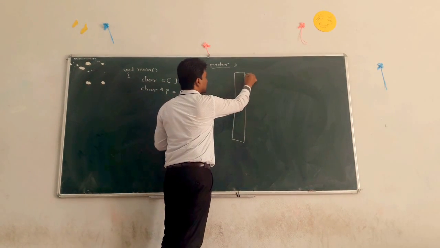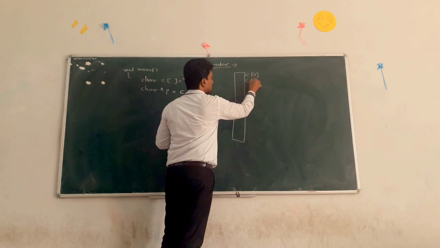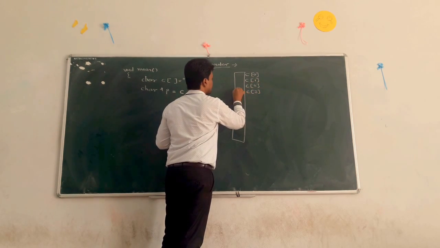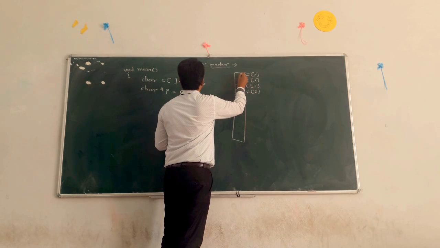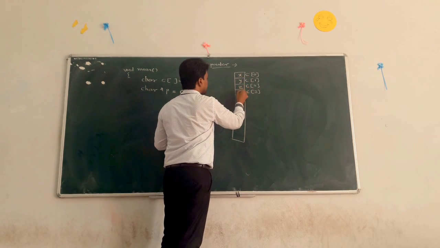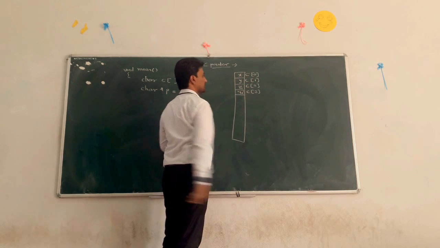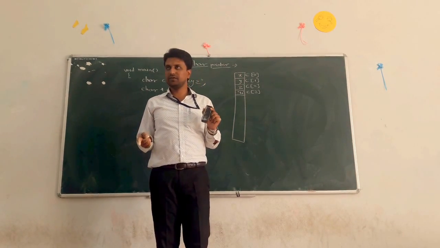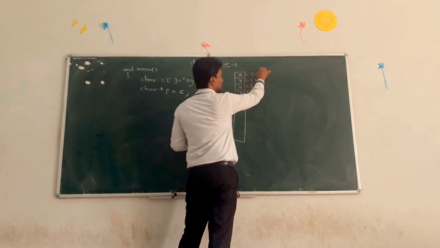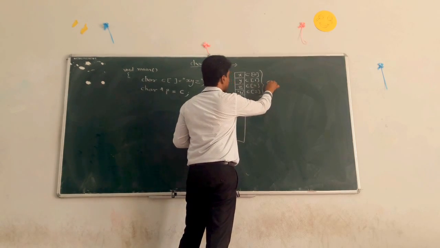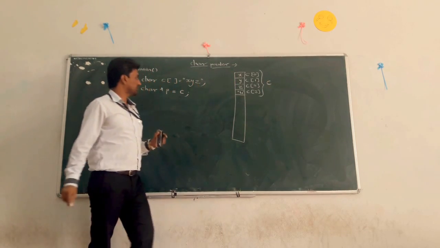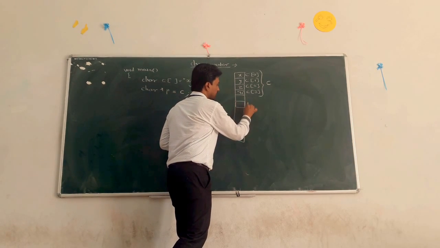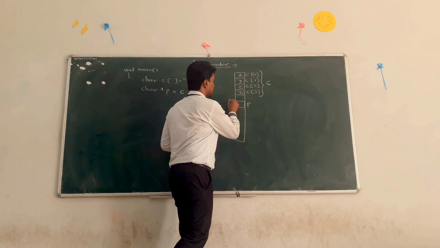This is a character array, so it stores the addresses C0, C1, C2, C3: X, Y, Z, \0. The \0 is not counted in your length. So this is the string character array C. Now pointer p is a pointer type of variable.